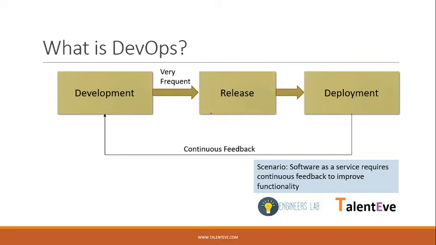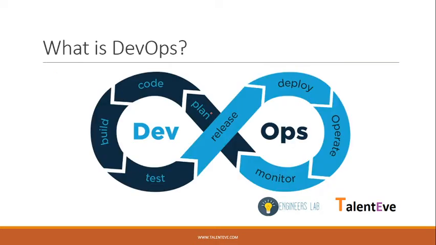So there is a continuous chain that is running, which runs forever till the project gets completed. These things are very familiar in software development scenarios, where they call software as a service, and it works very well in that environment.